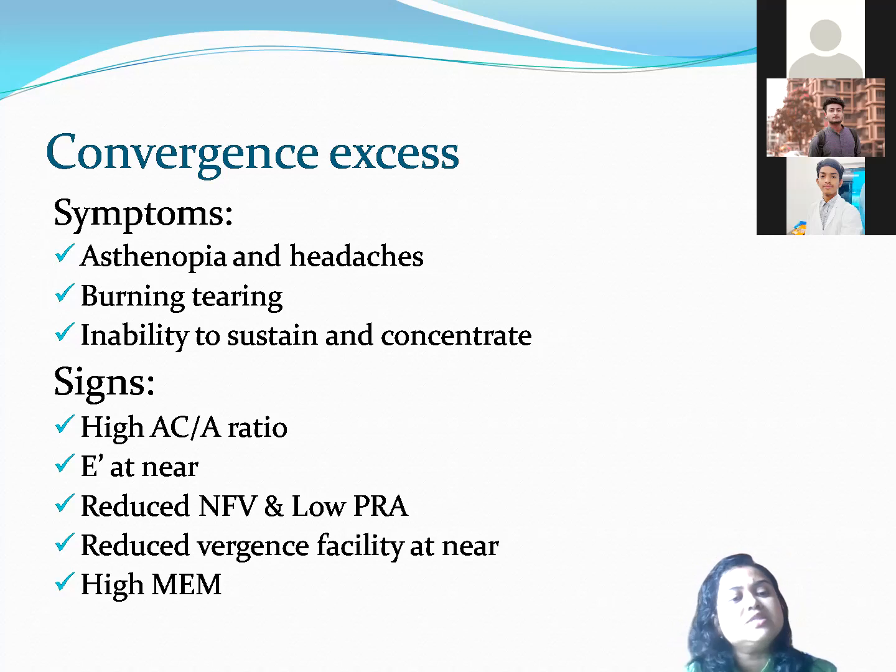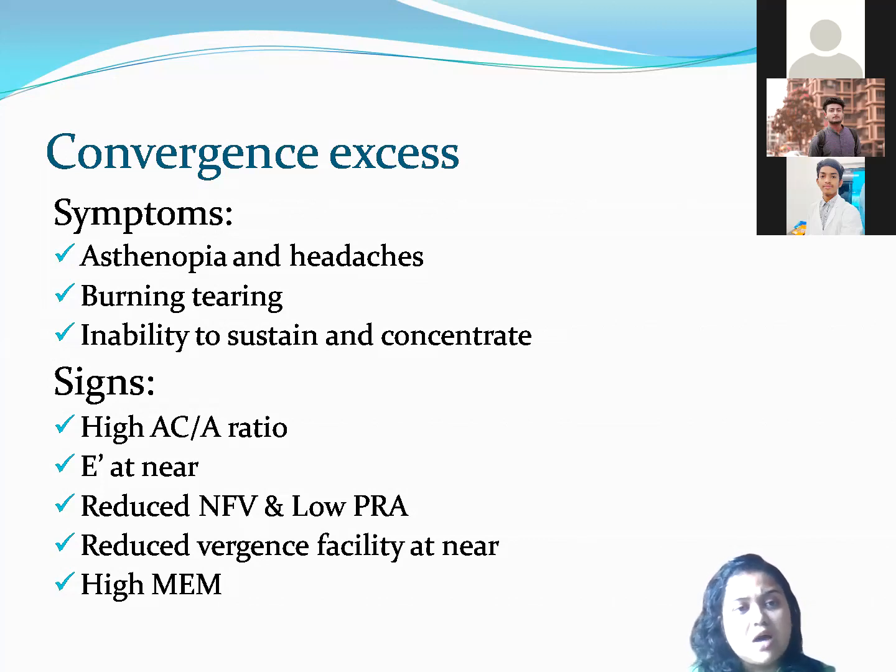So how is this NRA related? What we have discussed in the previous class is very important to note: whenever we are given any near target to see, first our convergence will act.